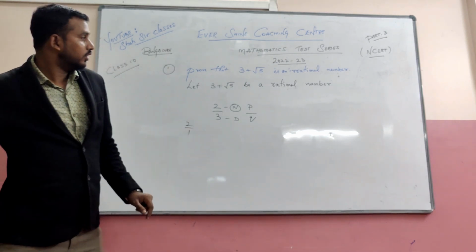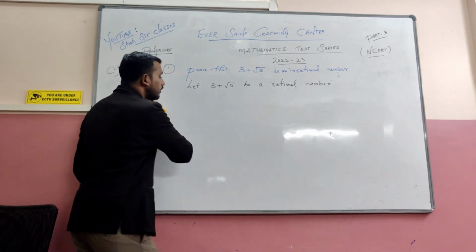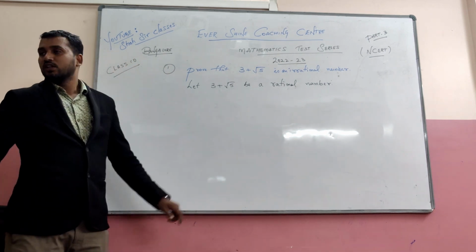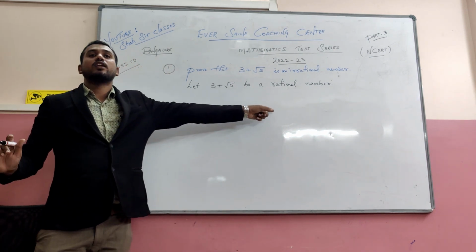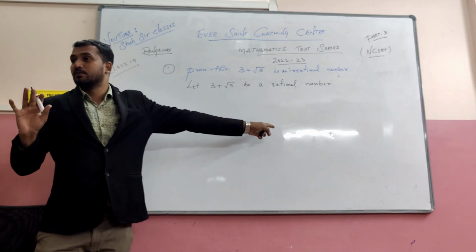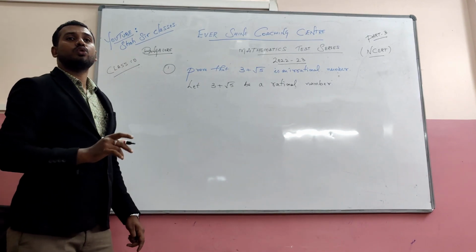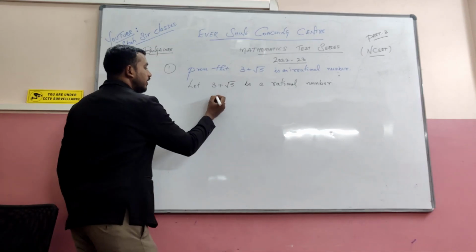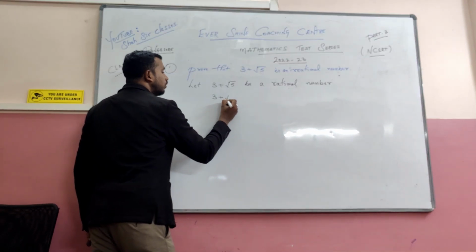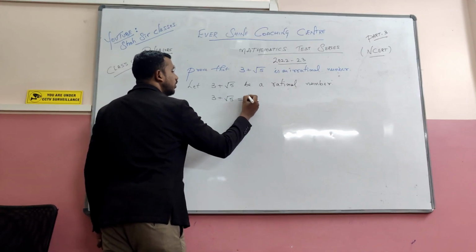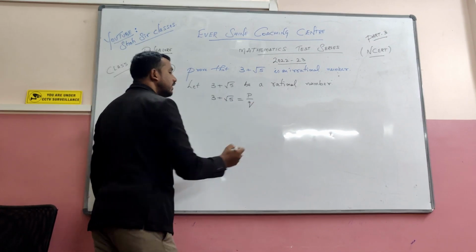Come to the point. What have we assumed now? 3 plus root 5 is a rational number, not irrational, rational. Now, what is the condition to be a rational number? We know that 3 plus root 5 equals p by q, correct?